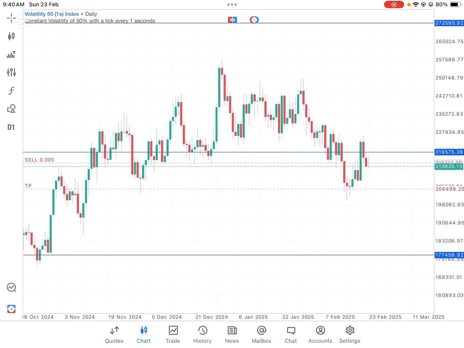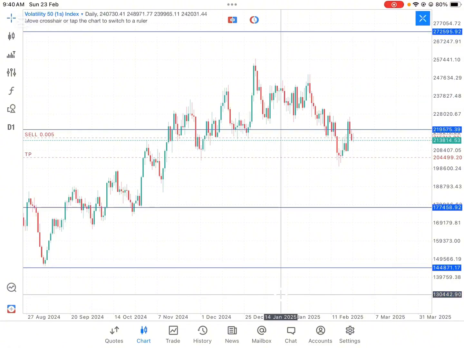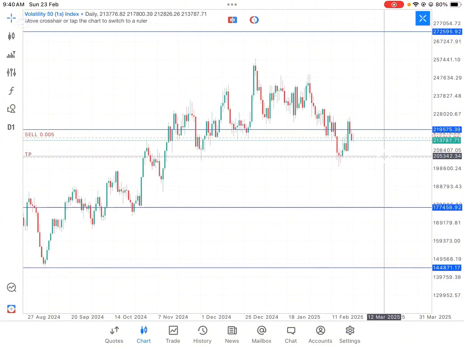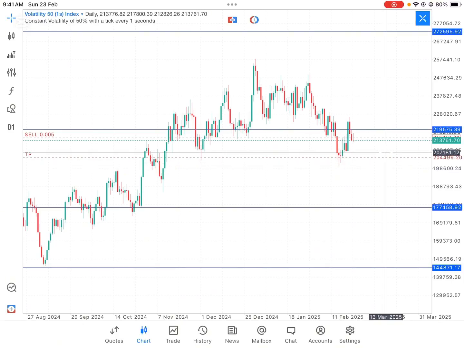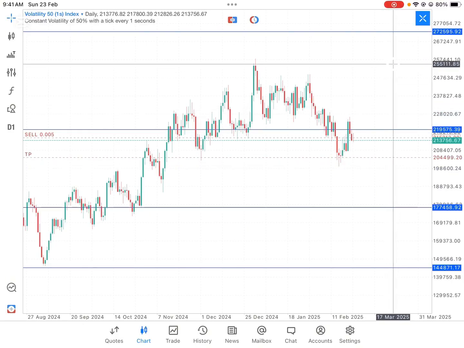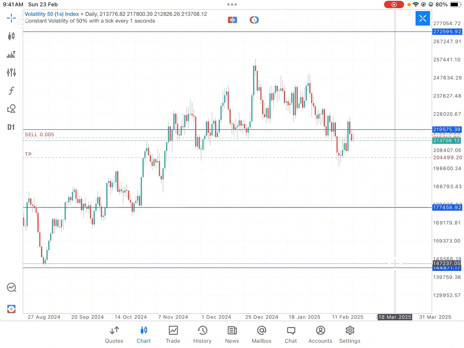On the other hand, the daily time frame is telling us that we still have a sell down to this zone here. Once sellers can tap this liquidity, take out this liquidity, then we could be anticipating either a buy continuation back to this high or a sell continuation down to this zone where I marked there.